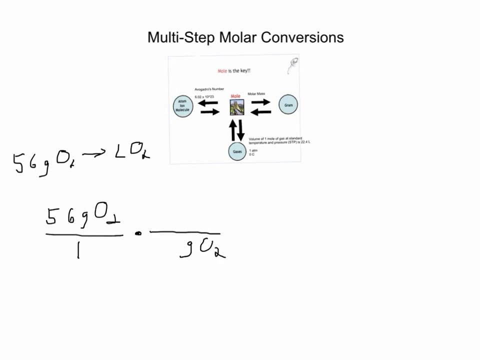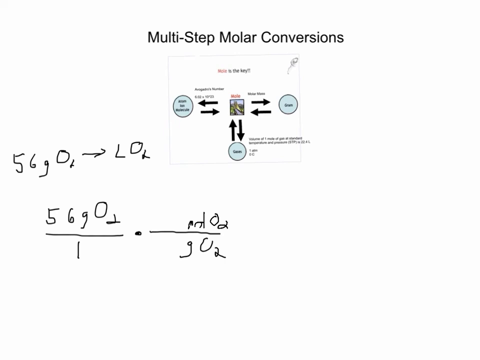And the new unit that we are looking for goes on top. But we do not know a way to convert directly from grams of a substance to liters of that substance. But we do know how to go from grams to moles. So instead of putting liters of gas on top, I'm going to put moles of oxygen.